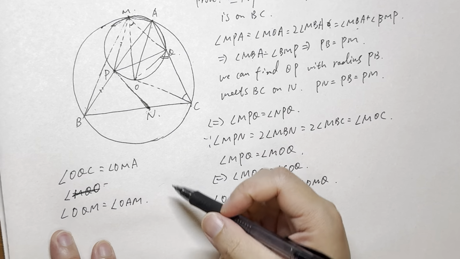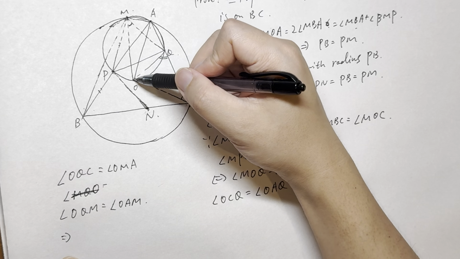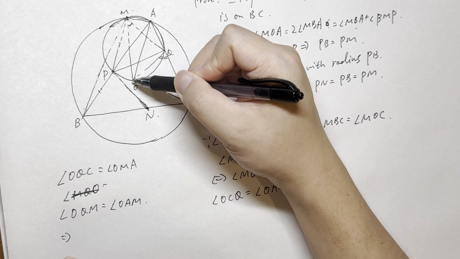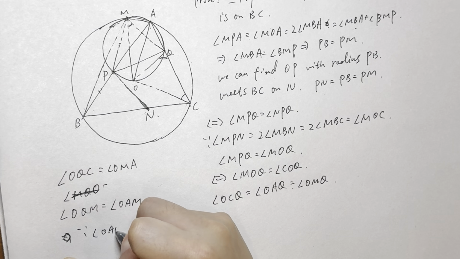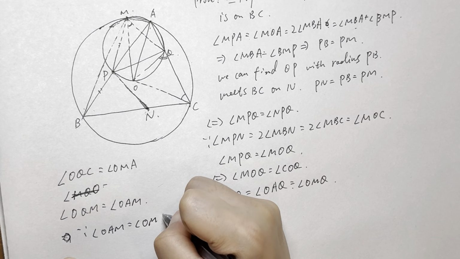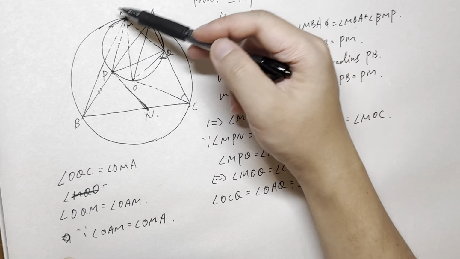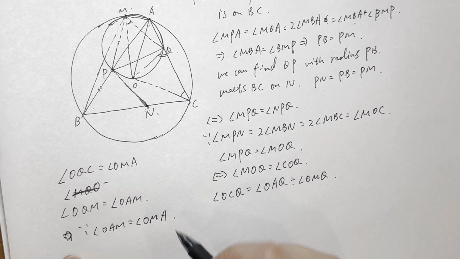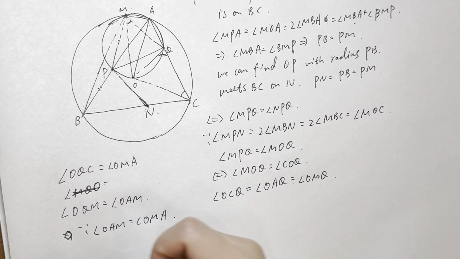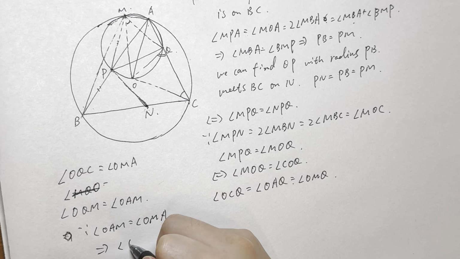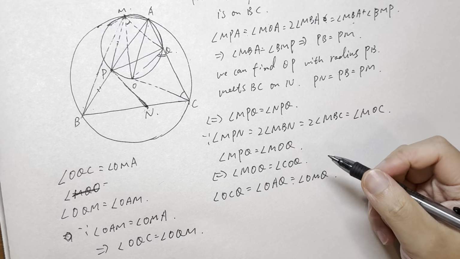Which means we know that angle OAM equals to angle OMA, because OA and OM are the radii of the circumcircle of the triangle ABC. So these two angles are equal, which means we get that angle OQC equals to angle OQM.